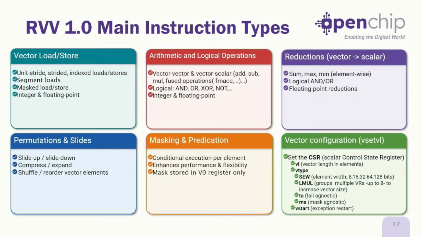We didn't see the TA and the MA, which are two parameters which set the tail agnostic and mask agnostic feature. Tail agnostic means when you have a vector A, you don't use the full vector. What do I have to do with the not used elements?